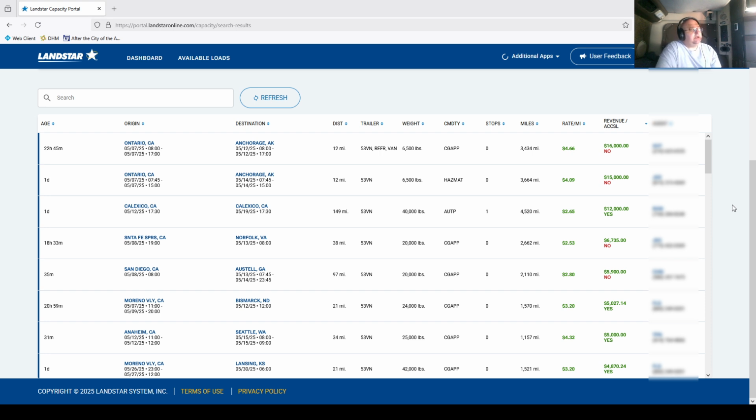So I don't know much of anything about financing a used truck. I do know that I looked into financing a used truck, and it's basically impossible for a first-time buyer. If you are already an owner-operator and you have established company credit and you have established business revenue to where you can show business revenue over years, then you might be able to get a loan for a truck.